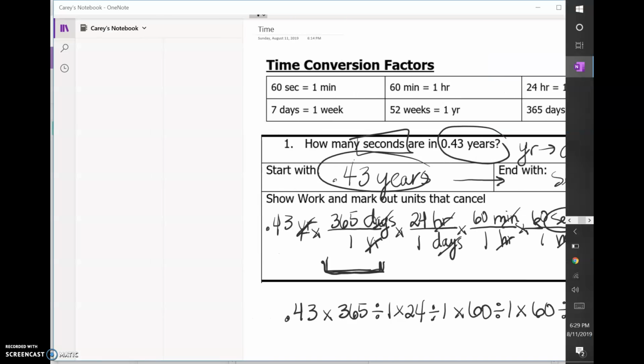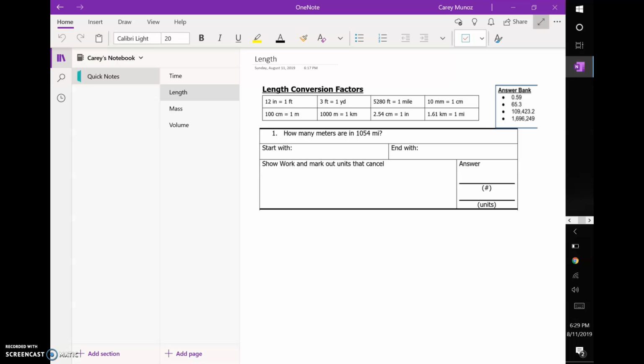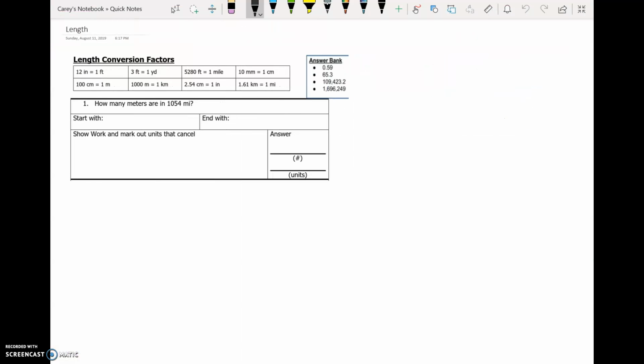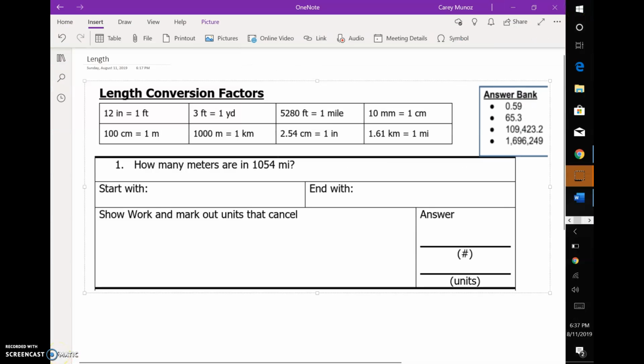All right, next we're going to take a look at length. And we're going to follow the same kind of pattern to set them up each time. And we are given 1,054 miles.